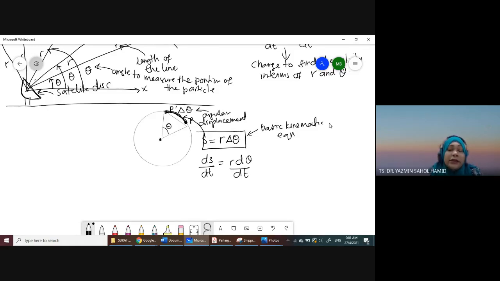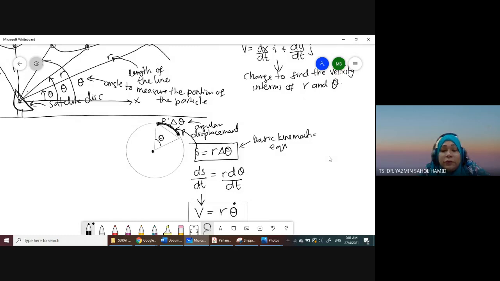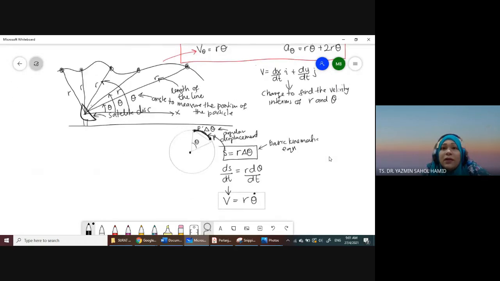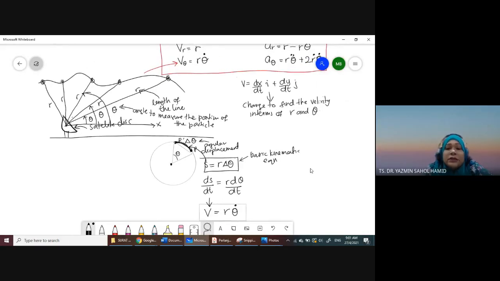So ds over dt is what you call v, and then r, and then d theta over dt is what you call theta dot. As you can see, is this formula very familiar to you? Something that you just copied just now? Okay, so this is the formula that you just copied just now.